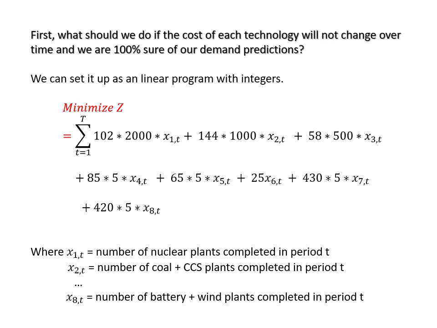So the x's are all binary variables. X1 would be the number of nuclear power plants completed in period t, and then X2 would be the number of coal plus carbon capture and storage plants, etc. And so we're representing here the levelized cost of electricity, the capacity per plant that's added, and then the number of plants that are added.